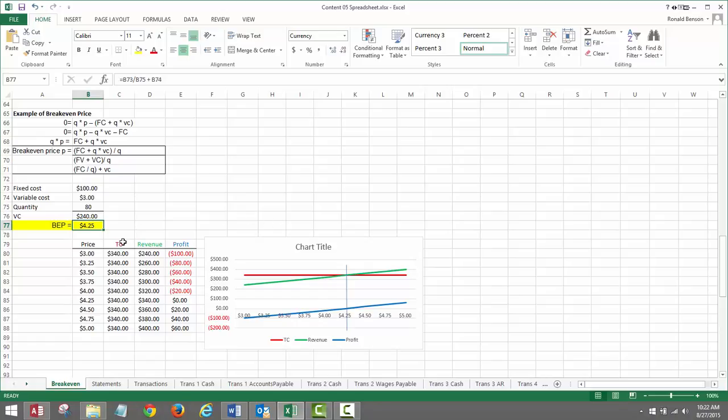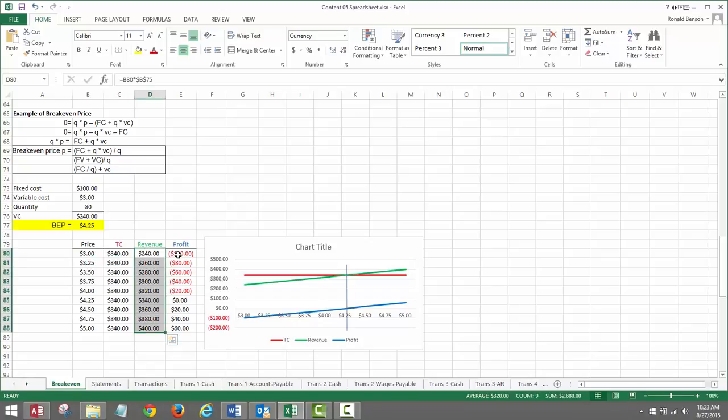If we want to graph this, here's the prices that go from $3 to $5, and the total cost is again the sum of these two, 240 plus the 100, would be 340 to start with, and keeps going up. Revenue is the quantity times price. We said price $3 up to $5, so we get these revenues.